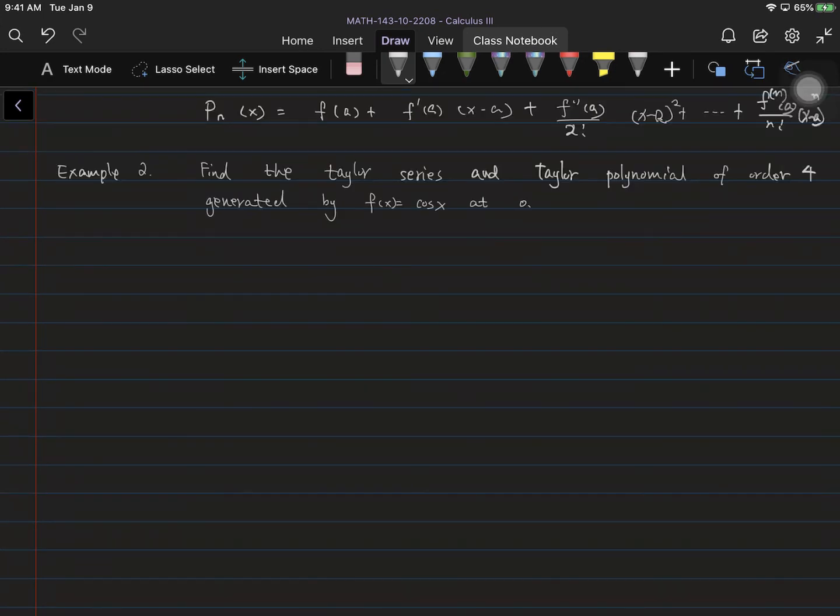Find the Taylor series and the Taylor polynomial of order 4 generated by the function cosine x at 0. So this is similar to the previous example, find the Taylor series of cosine. Let's do this again. So first write down f(x), right? And then find all the derivatives.